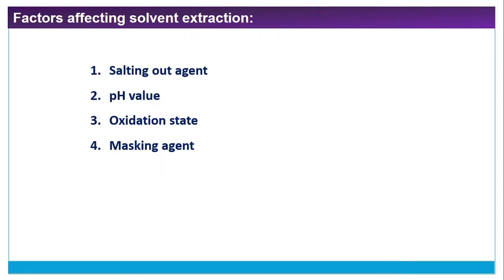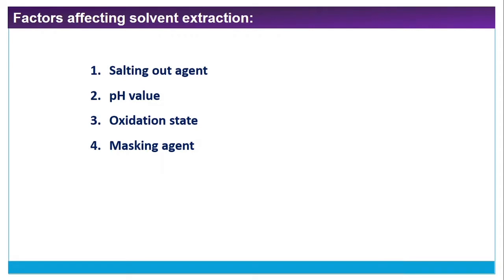For example, aluminium can be extracted in presence of iron with 8-hydroxyquinoline by masking Fe with alkali cyanide to form a stable ferrocyanide complex. Tartarate, citrate, fluoride, cyanide and EDTA are commonly used as masking agents.